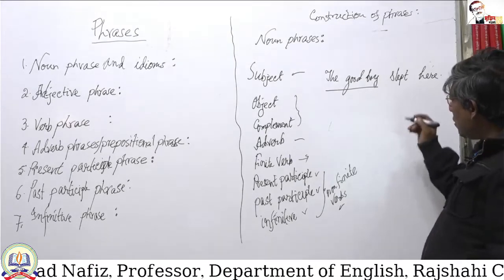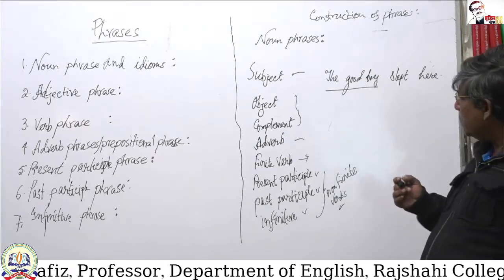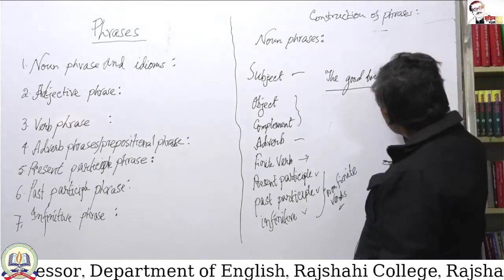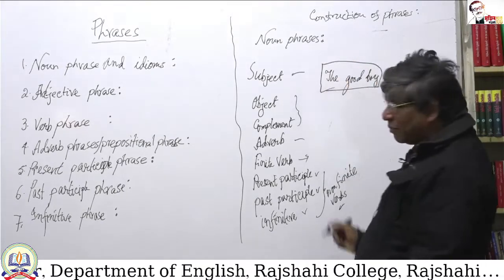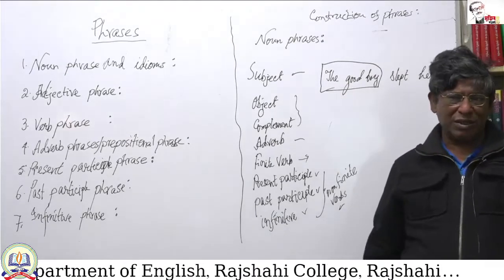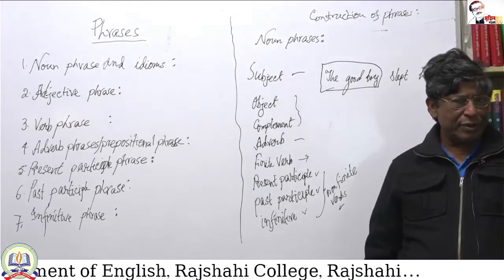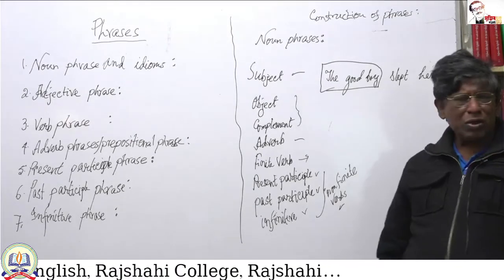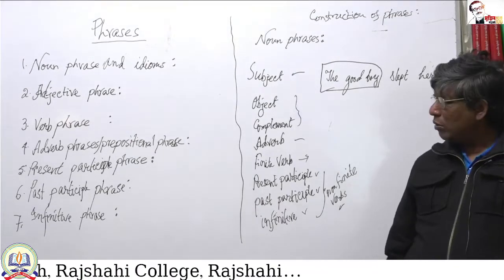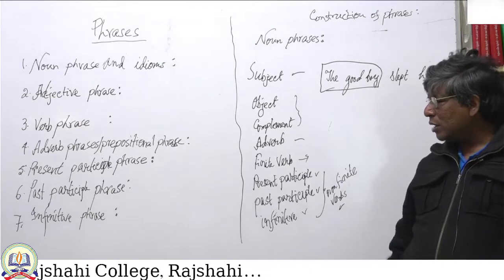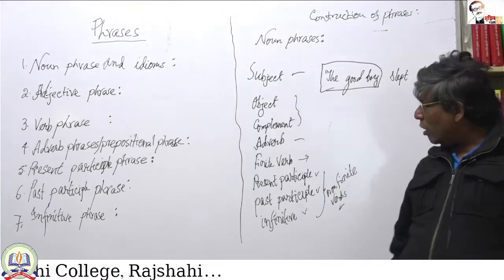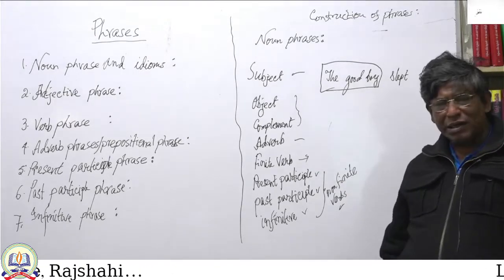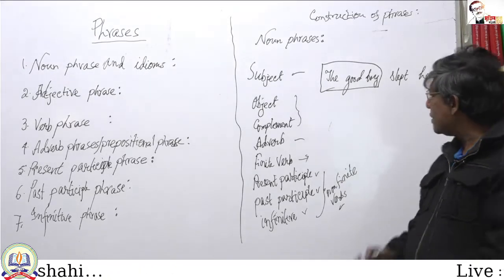The, good and boy, these three words make a single unit in a sentence, and this type of unit having more than one word is called a phrase. We have seven types of phrases. All are coming from the idea of units in a sentence.